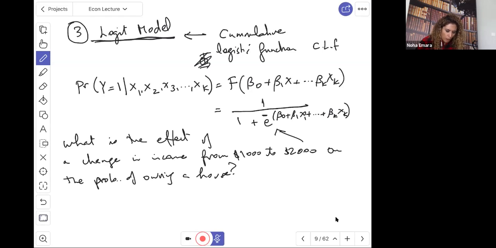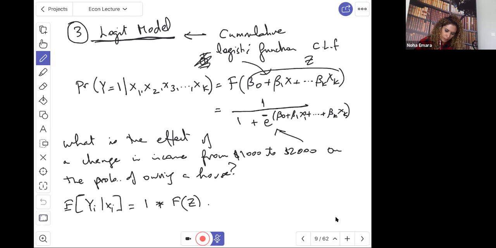Again, our computation is related to computing an expectation of yi given the set of x's, or the income I have, and any expectation is equal to the outcome times the probability. So my outcome is 1 multiplied times f of z, where I'm going to call everything here z, plus 0 times the rest.